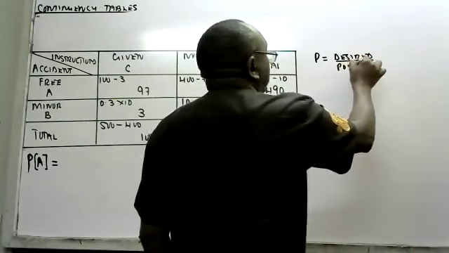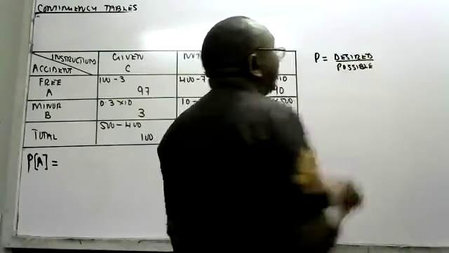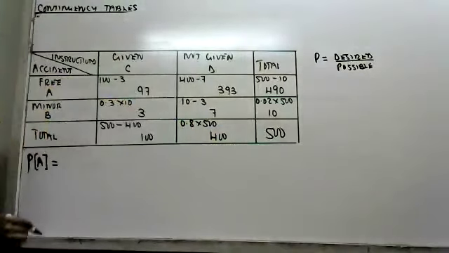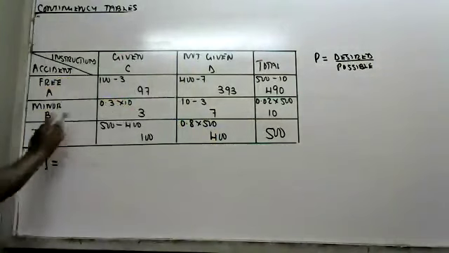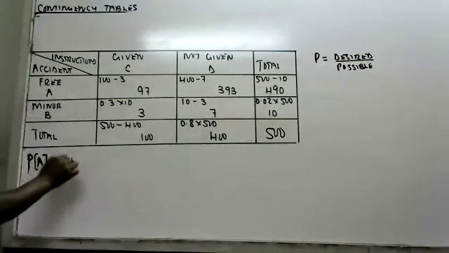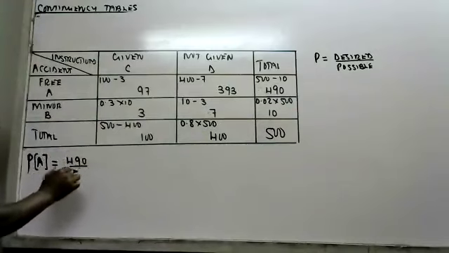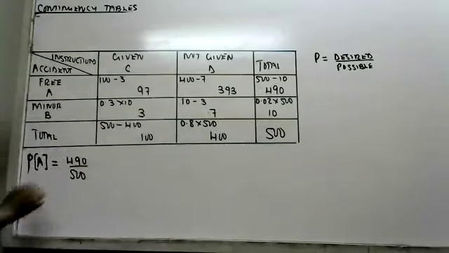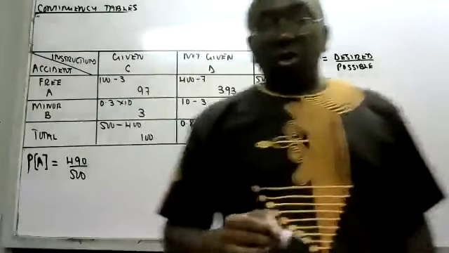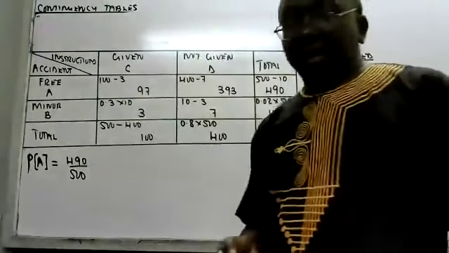This is a formula that you must always keep on remembering. When you are told to get probability of A, all the A's, they are 490. That is the desired. You divide by 500. That is the probability of A. You can leave it that way, or you can choose to simplify.